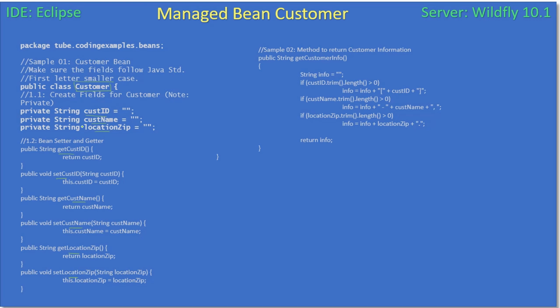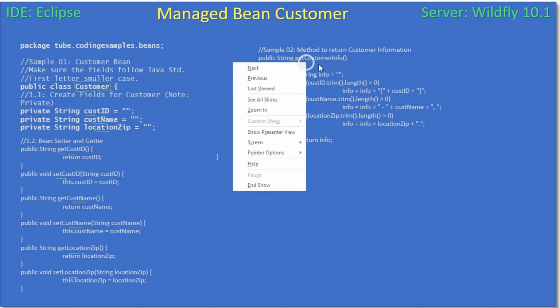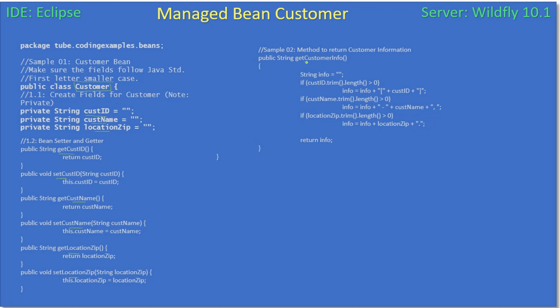The same goes for custName, where C is caps, and location zip, which is lowercase in the field but uppercase here. The same way, even though there is no field, we formed a getter method, getCustomerInfo. We followed the same notation: get, then C caps and I caps. And there is no setter version here.